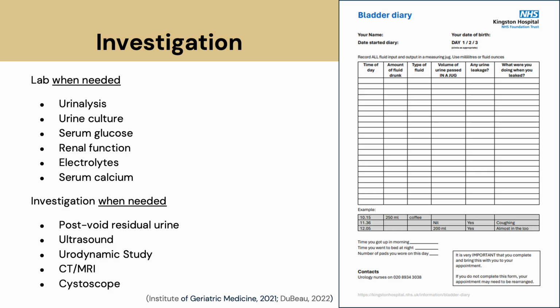Serum glucose when diabetes or hyperglycemia is suspected, as polyuria can contribute to UI. Renal function and electrolytes when renal impairment or metabolic abnormalities are suspected, particularly before initiating certain treatments. Serum calcium when hypercalcemia is suspected, as it can cause polyuria and worsen urinary symptoms.